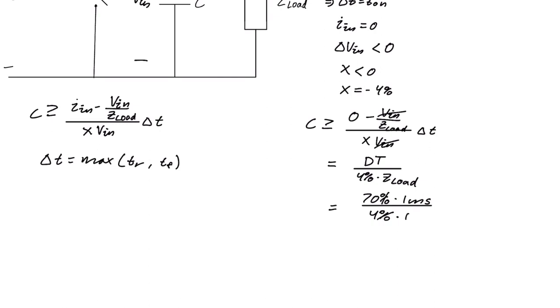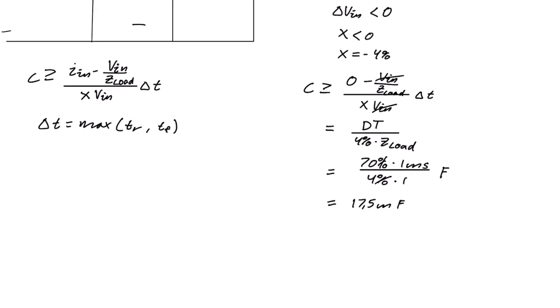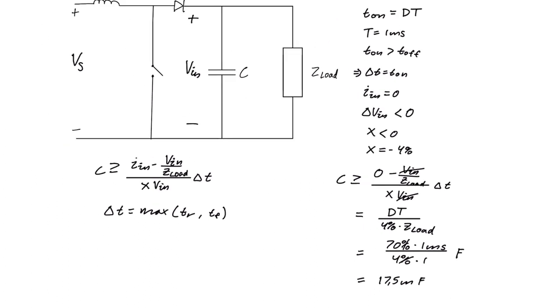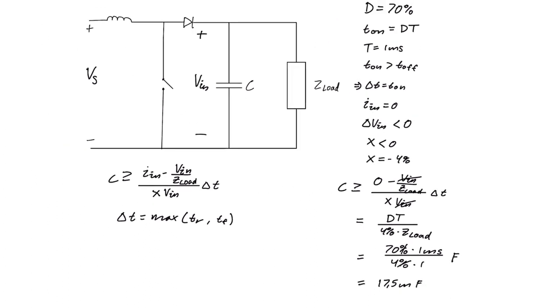And this is capacitance, so it's farad. So this would be equal to 17.5 millifarad. Okay? So in order to get a ripple voltage of less than 4%, we need a capacitance which is larger than 17.5 millifarad.